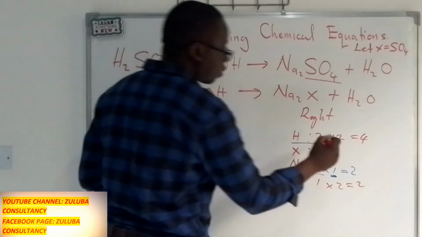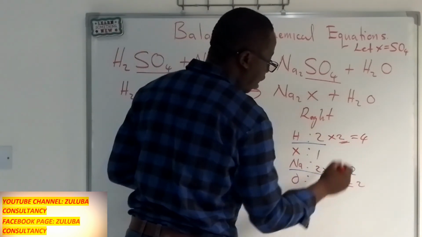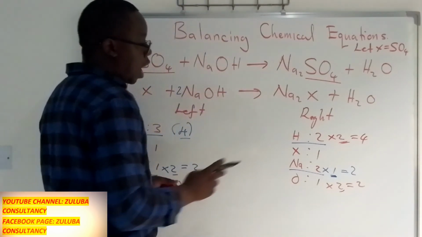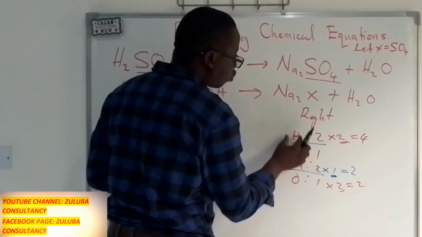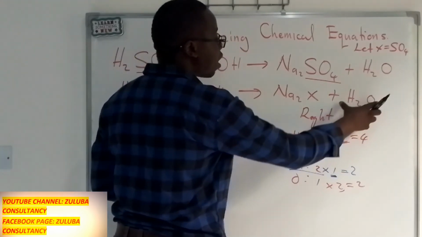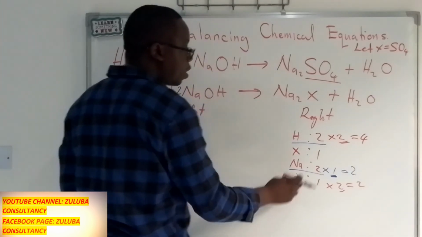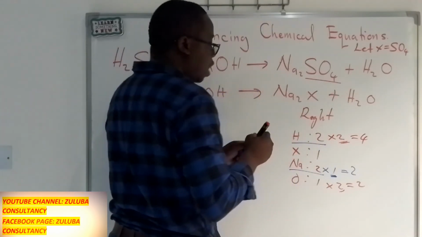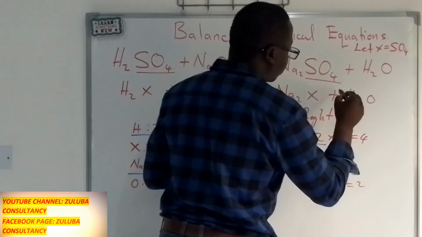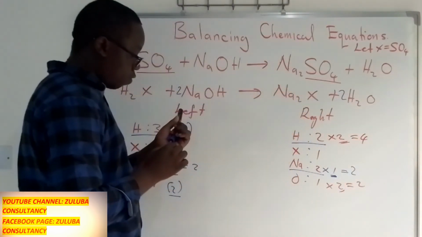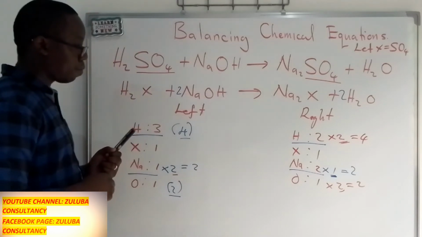So you'll notice there is a multiplying factor that has been introduced, which is 2. And the good part is, these two atoms are found in this molecule water. So you simply put a tentative number of 2 here. This is the multiplying factor that we have introduced there.